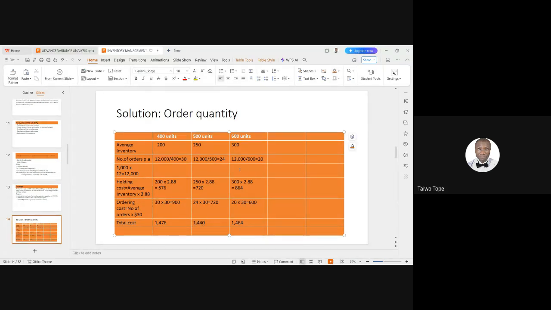But when we go for 600 units, the cost will be higher. For 400 units, the cost will be higher. So it's better we go for the option with the least total cost.